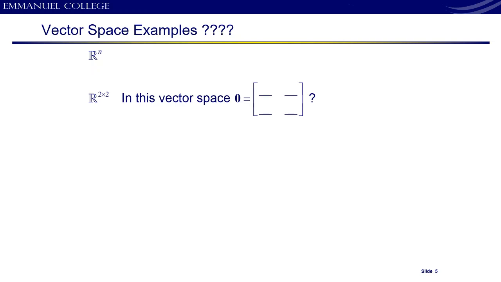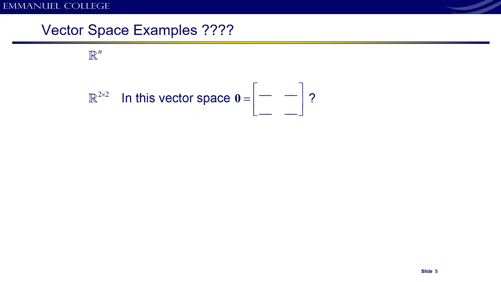So then think about R2 by 2. This is the set of all 2 by 2 matrices. So in this vector space, our 0 vector, and again, you have to think about this as the 0 of the space. The 0 of the space should be, what do I add to my elements in the space such that I don't change them?